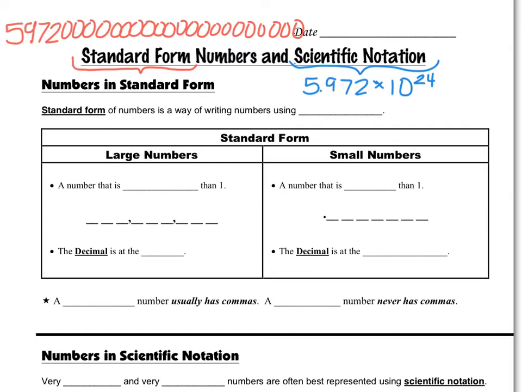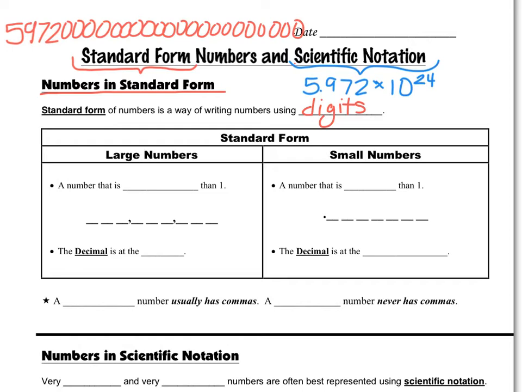Let's first talk about numbers in standard form. Standard form of numbers is a way of writing numbers using digits. And standard form sometimes has large numbers or small numbers. So let's say we're talking about a large number in standard form.